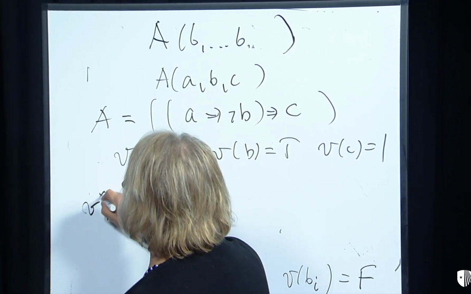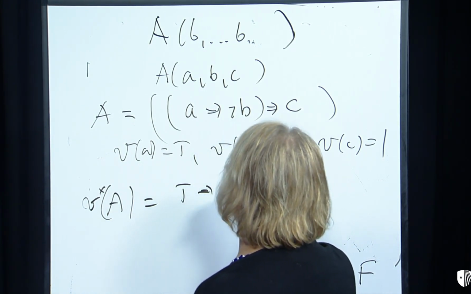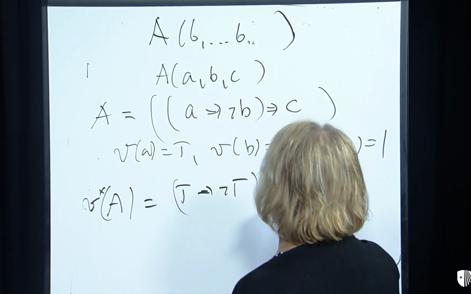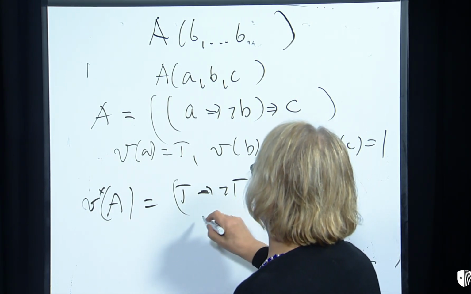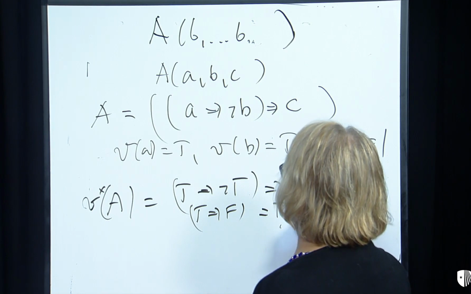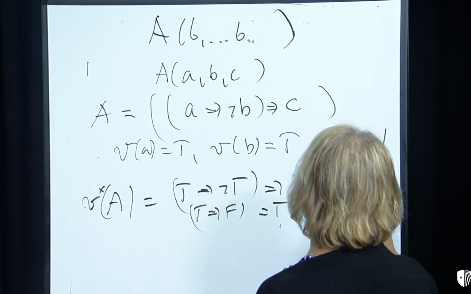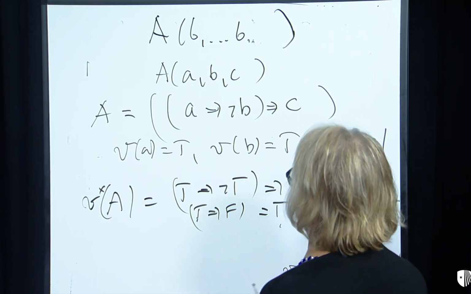V star of A would be T implies not T implies T, which would be T implies false, implies T. So T implies false is false, so it's F implies T, which is T.